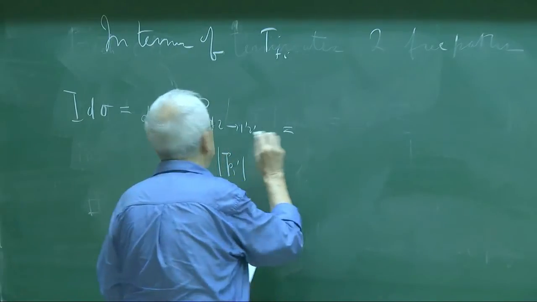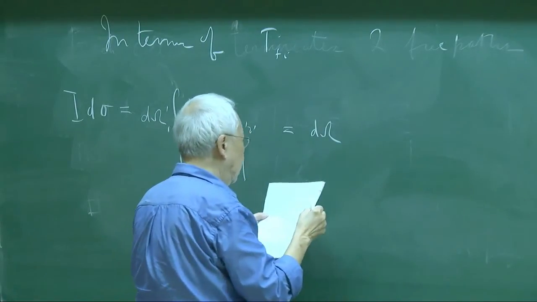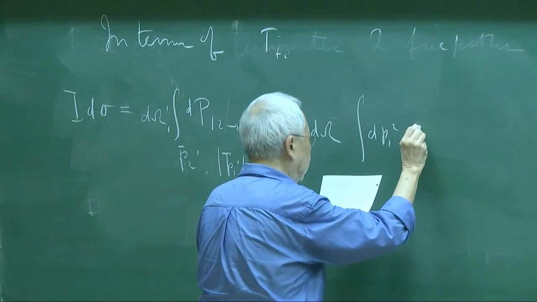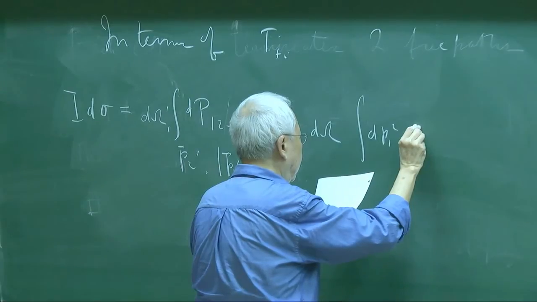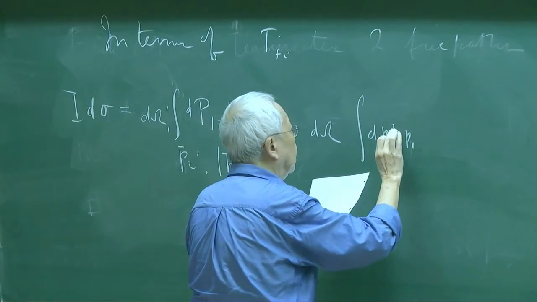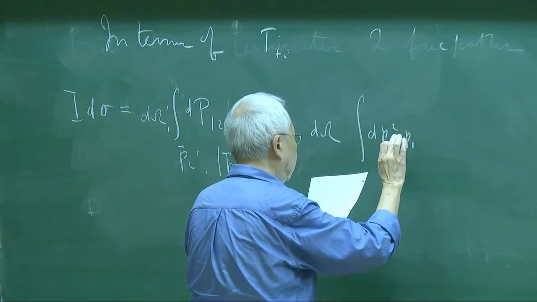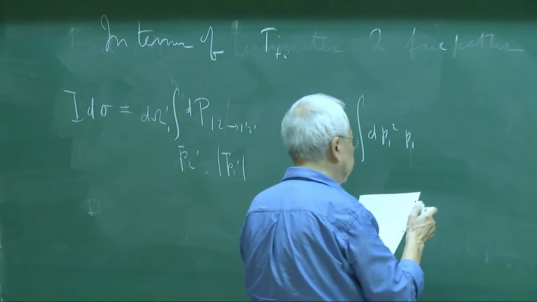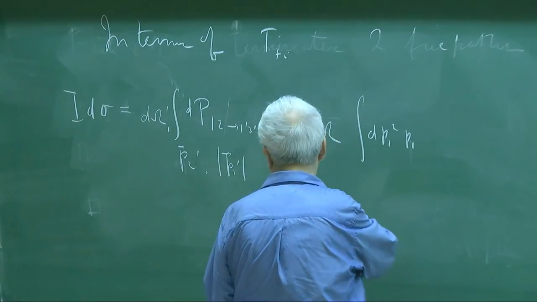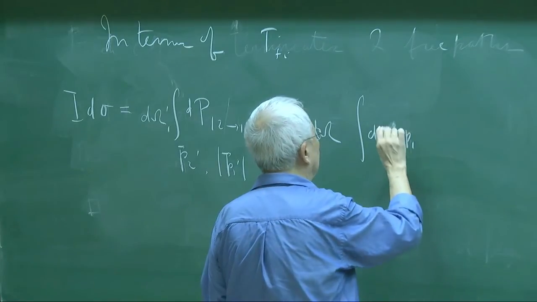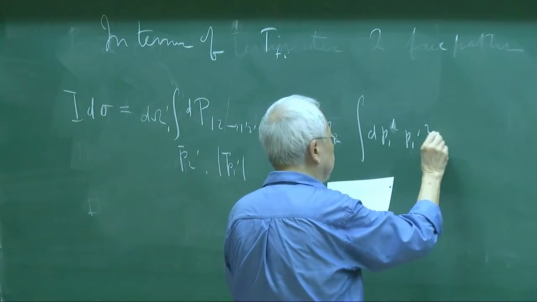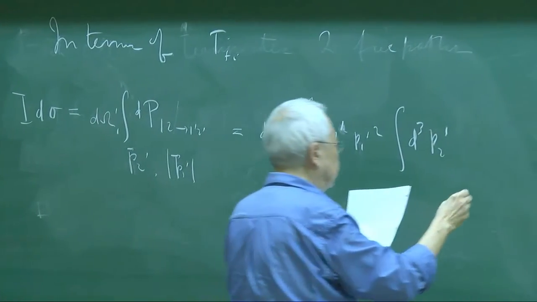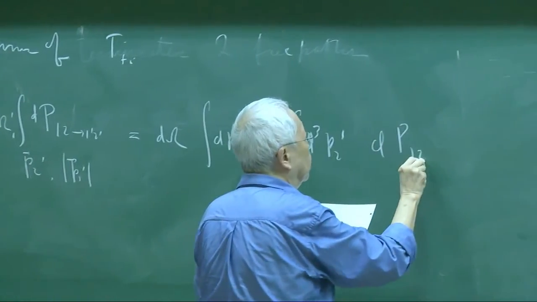So I'll just write dΩ, integral over p1 prime squared dp1 prime, integral over d3p2 prime, integral over everything in the final state, times dP 1 2 to 1 prime 2 prime.